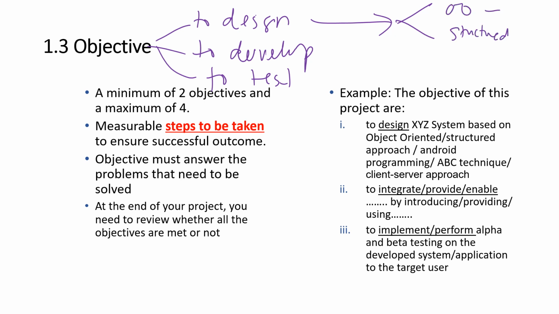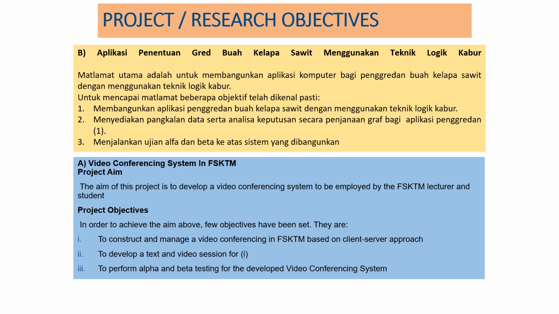If object-oriented, you will produce UML later in chapter 4. If structured, you will produce the DFD. This is the implication of your selection: to design what project, to develop what project, and to test what project. So this is a very simple, smart, measurable objective.